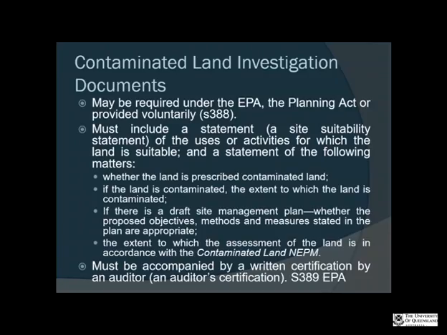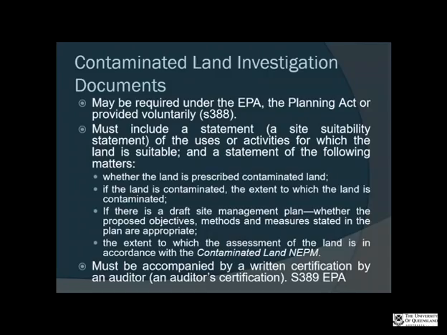So one of the things that might be required is a contaminated land investigation. So it might be required, it could be required under the Environmental Protection Act or the Planning Act, or it could be provided voluntarily. So there's a couple of triggers that might happen there. And one of the things that it includes is a thing known as a site suitability statement. And a site suitability statement is very interesting.